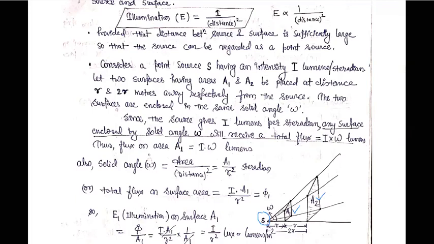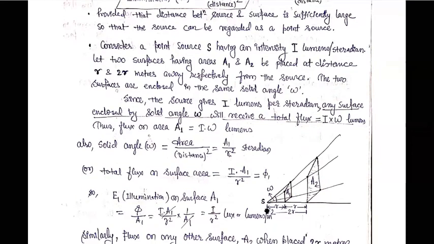As per the inverse square law, for the second surface having area A2, illumination should be inversely proportional to 1 upon 2R square, that is 4R square. तो ये चीज प्रूफ होता है या नहीं, हम इसको एक छोटा सा डेरिवेशन करके देखते हैं, so that we can prove that this inverse square law satisfies the general condition.